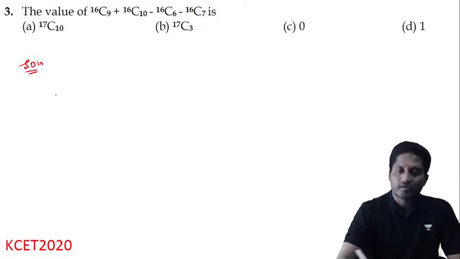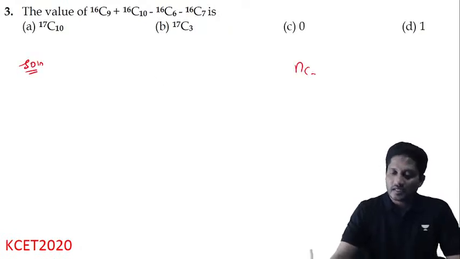We know the complementary combination, right? nCr is the same as nC n minus r.